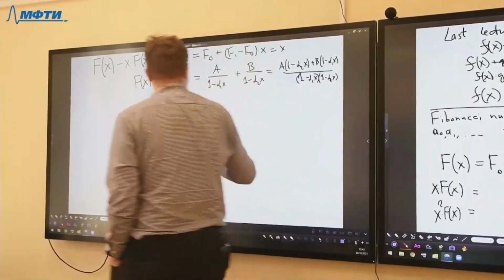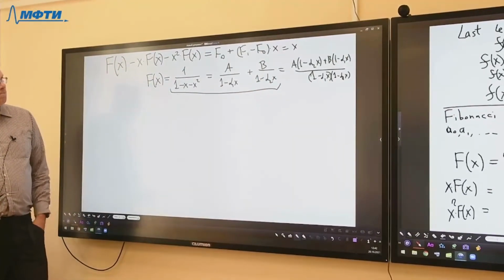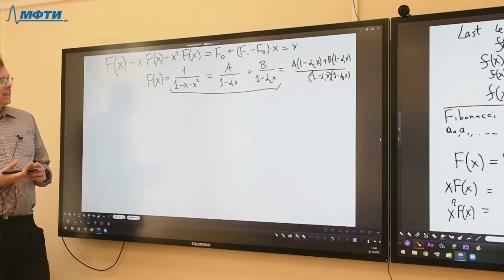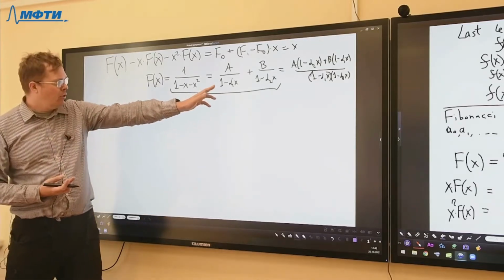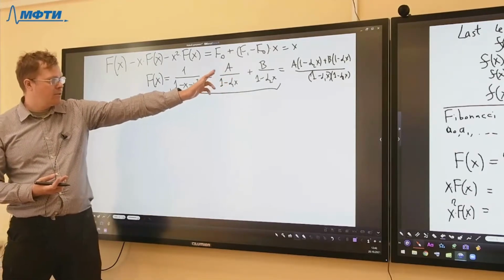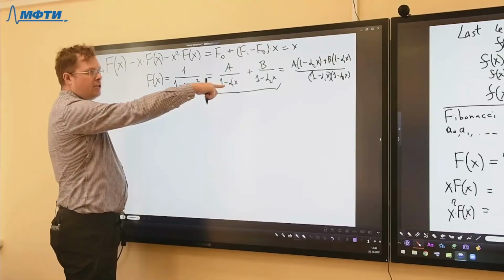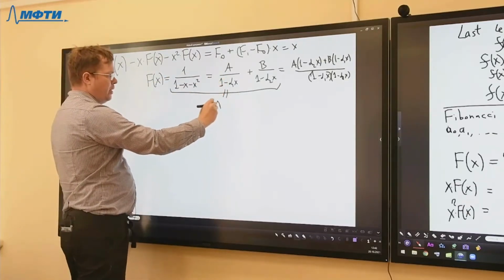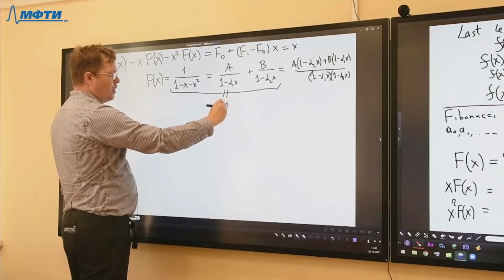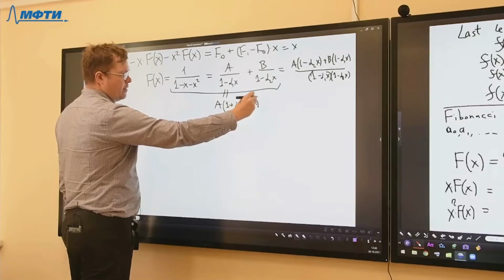But if you know this identity, it doesn't matter what a and b are, because we know how to calculate this as a power series. We know that 1 over 1 minus alpha 1x is just an infinite geometric progression. So here we have a times 1 plus alpha 1x plus alpha 1 squared x squared, and so on.